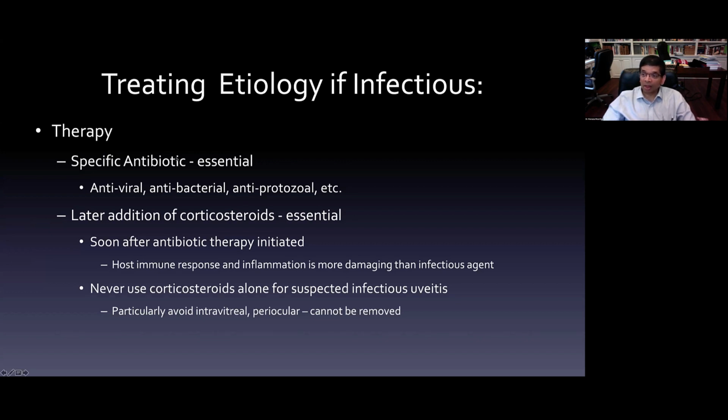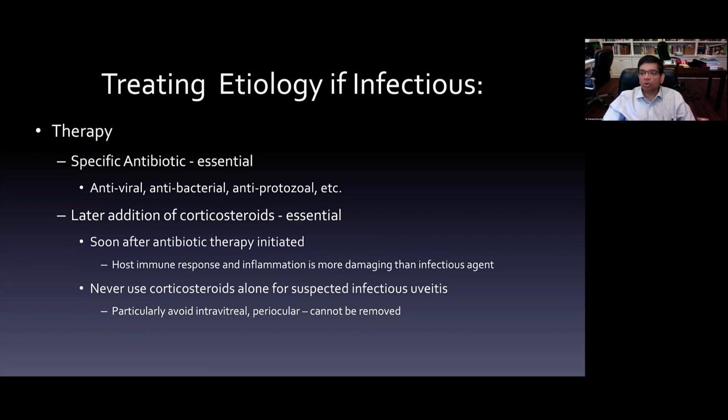In my case, for example, if there are retinal lesions, I'm thinking it could be necrotizing herpetic retinitis. If I don't know until the PCR results come back, I'm going to put the patient on antiviral therapy and then start them on topical steroids. Then later, after a couple of days, after my results have come back negative or positive, I determine whether or not I can use more aggressive corticosteroids, such as intravitreal or periocular.